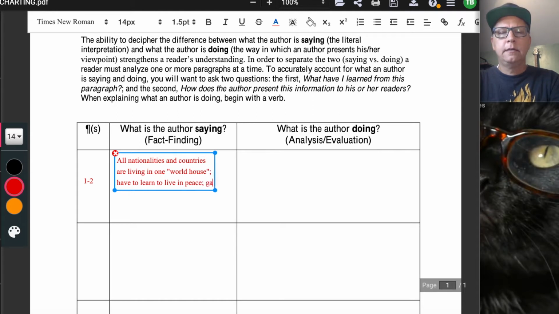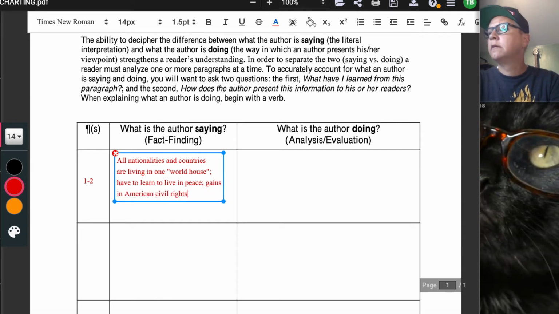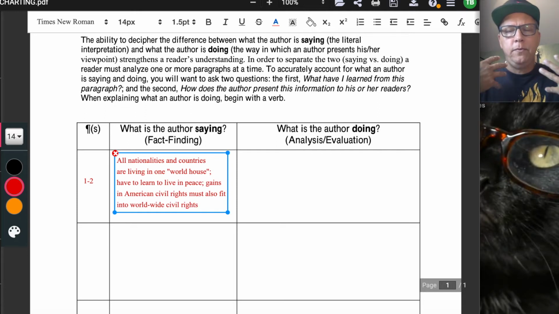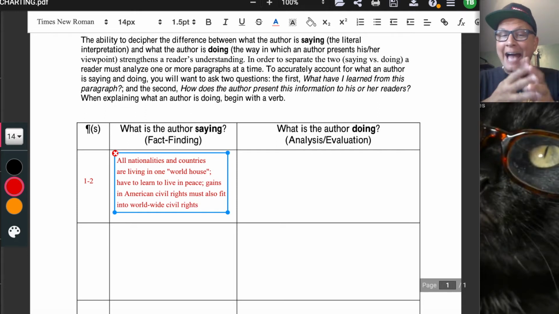And then that summarizes paragraph 1. Gains in American civil rights must also fit into worldwide civil rights.